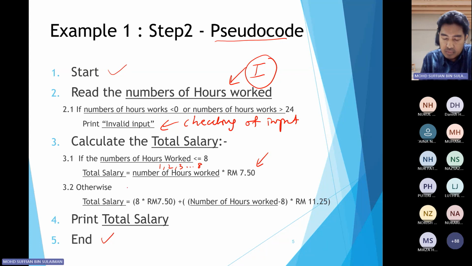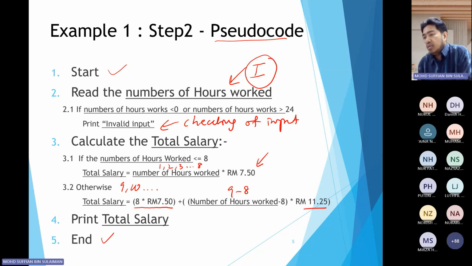Otherwise, meaning greater than 8, starting from 9 and above, total salary equals the first 8 hours, 8 multiply 7 ringgit 50 cent, plus, like in the previous table, 9 deduct with 8 and then multiply with 11 ringgit 25 sen.